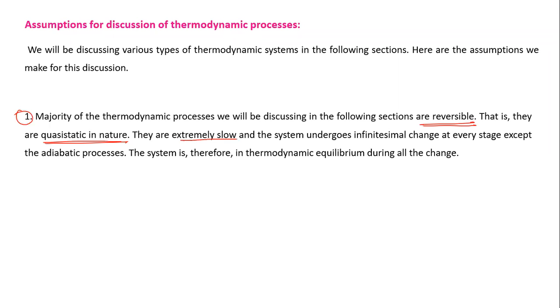They are extremely slow, and the system undergoes infinitesimally small, very small changes. The system is therefore in thermodynamic equilibrium during all the changes. The cause of irreversibility is lack of equilibrium, so we are considering thermodynamic equilibrium.